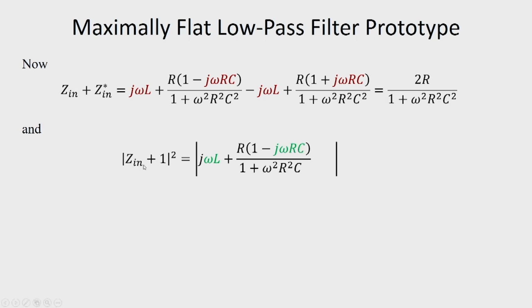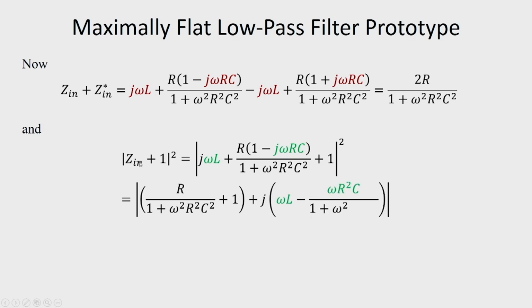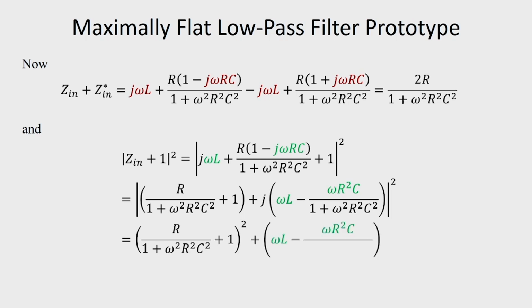And mod of Zin plus 1 square can also be evaluated by substituting the expression for Zin, and it comes out to be R divided by 1 plus omega square R square C square plus 1 whole square plus omega L minus omega R square C divided by 1 plus omega square R square C square whole square.